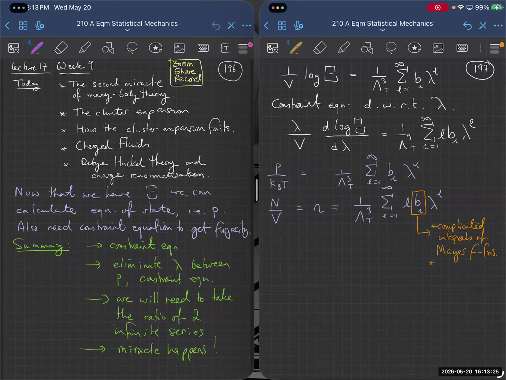So if you know the potential, then that gives you the f, and in principle you can do these things.